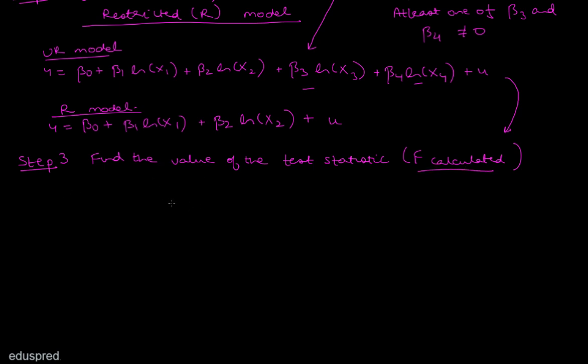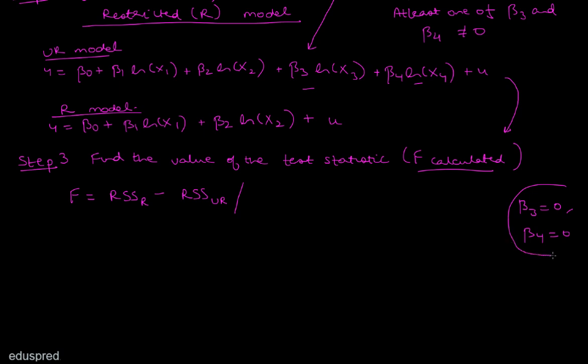Well, there are multiple formulas to find the calculated value of F. So one of the formulas is RSS of the restricted model, this R over here means restricted model, minus RSS of the unrestricted model, so UR, divided by the number of restrictions. Well, in this case we are dealing with two restrictions. Okay, and how do we know that we have two restrictions in this case? Because in the null hypothesis we have beta 3 equal to 0, beta 4 equal to 0.